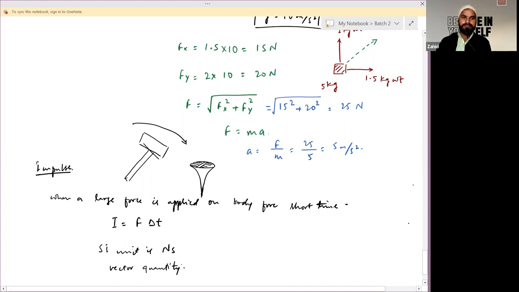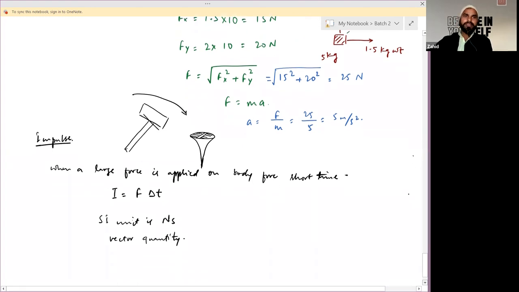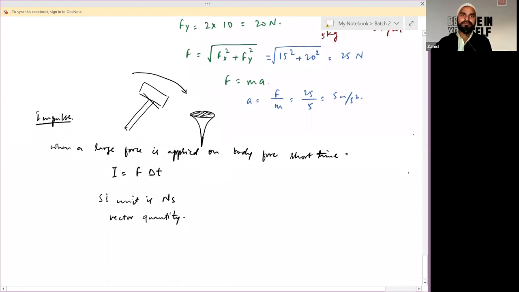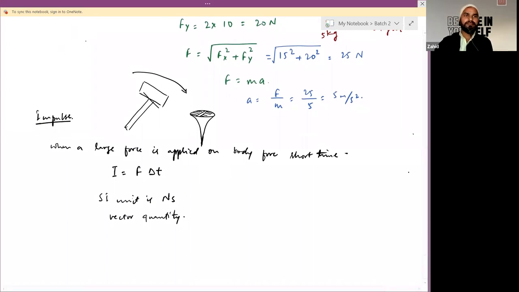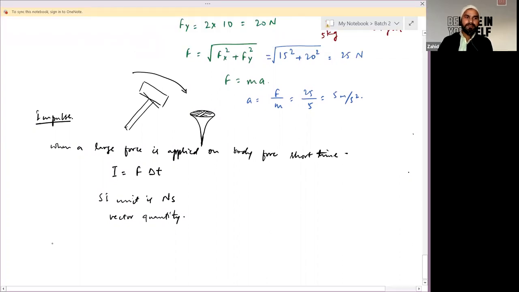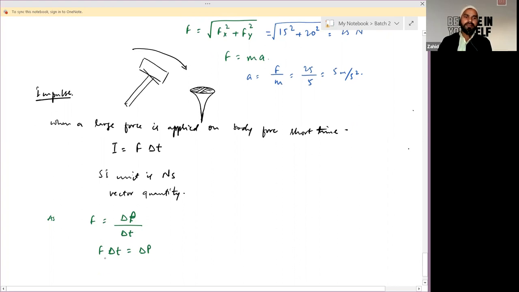Now I'm defining a relation with respect to linear momentum. As force equals delta P divided by delta T, if you move delta T to the other side, you will get F times delta T equals delta P, or change in linear momentum.